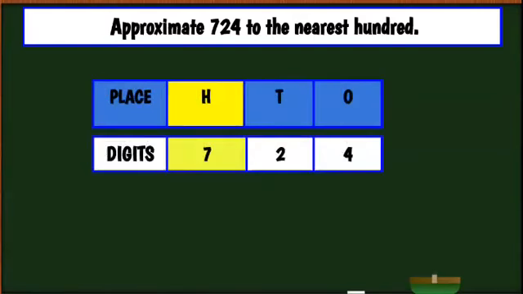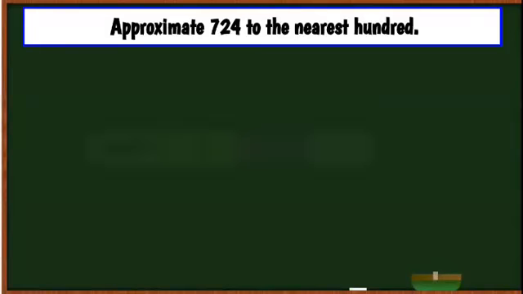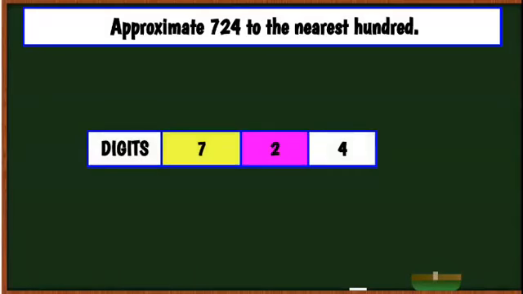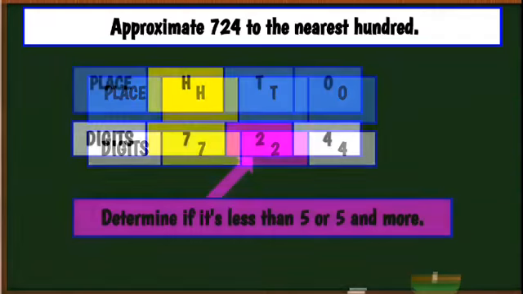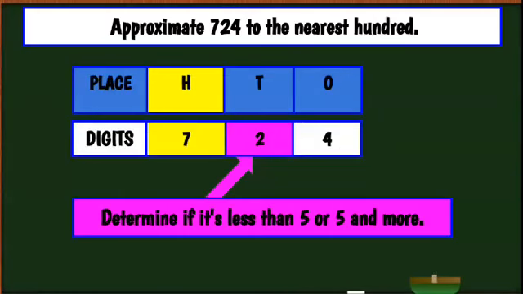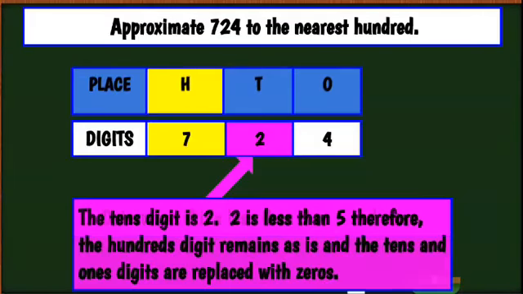Alright, so we found our digit in the hundreds place, our 7. Now we find our number in the tens place, so 2. Now determine if it's less than 5, or 5 and more. So the tens digit is 2.